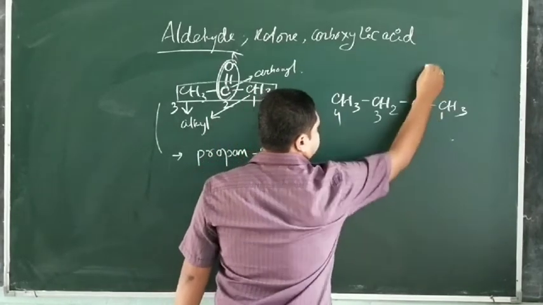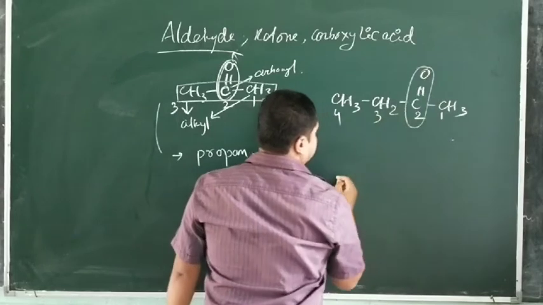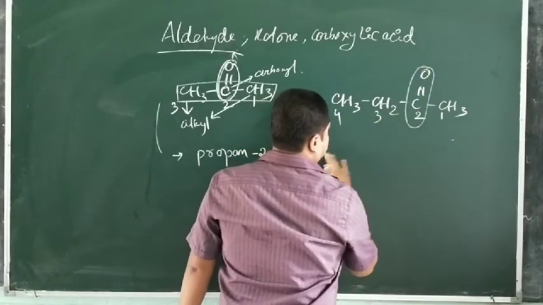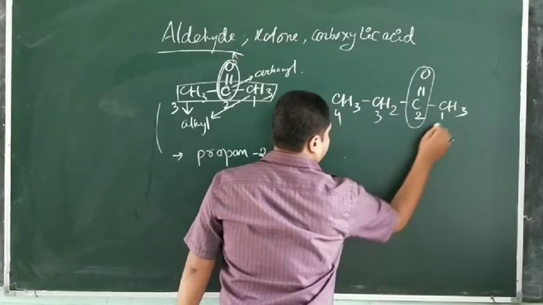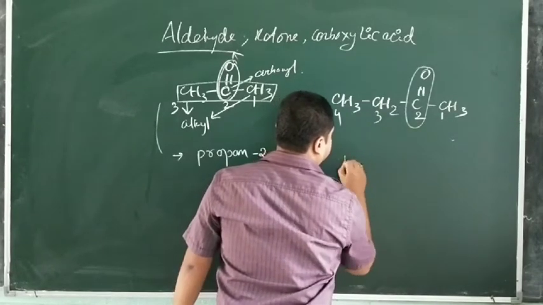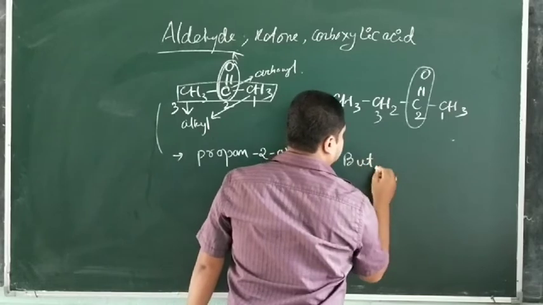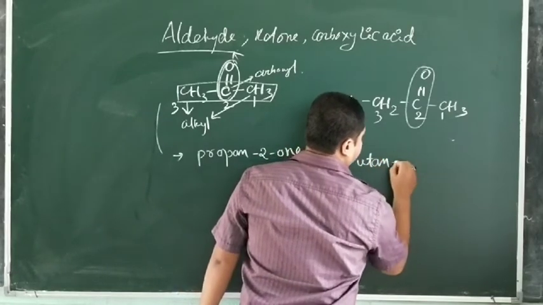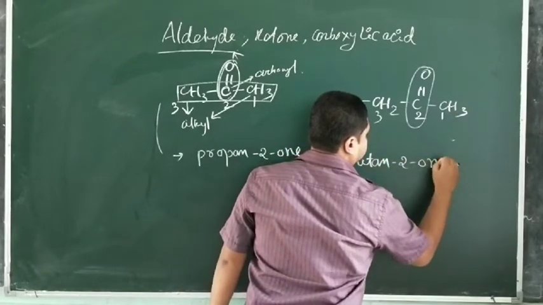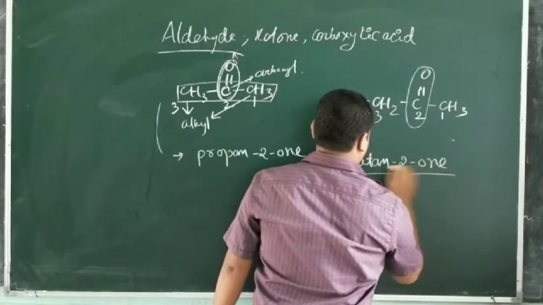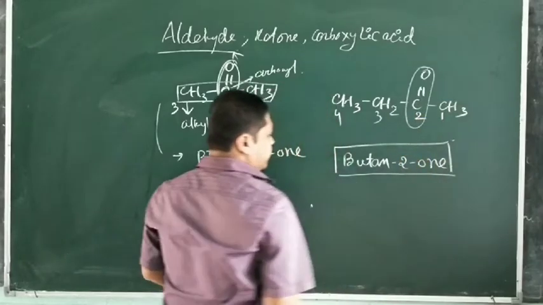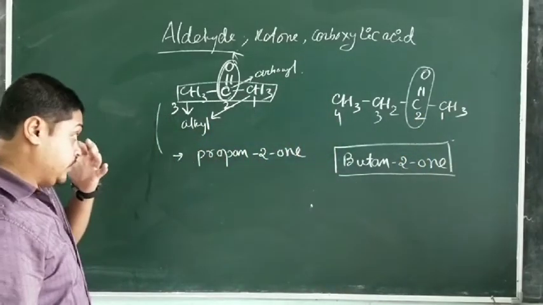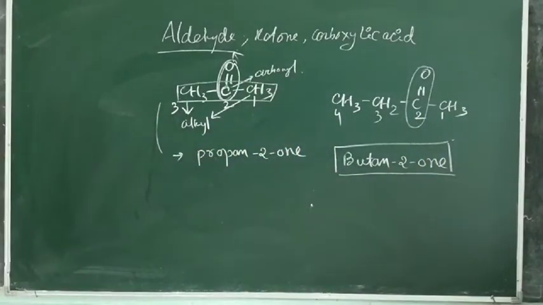At the 2 position, the carbonyl group is introduced. There are 4 carbon atoms, that means butane. So butane-2-one, that means butanone, but the position of the carbonyl group is 2. Okay, these are the examples of nomenclature of ketone.